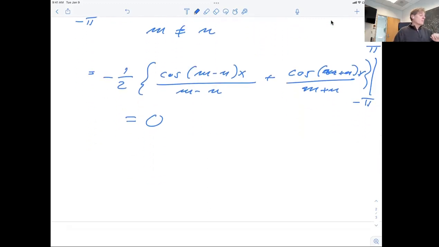So these are very important properties of sines and cosines, which are actually used when we are calculating the specific coefficients which we need for the Fourier analysis.